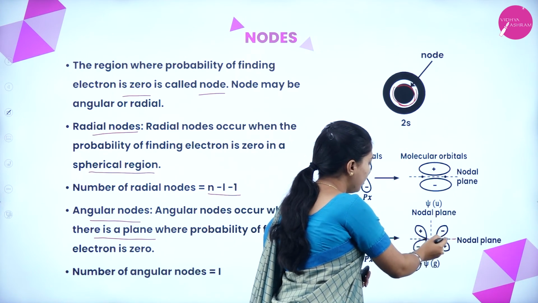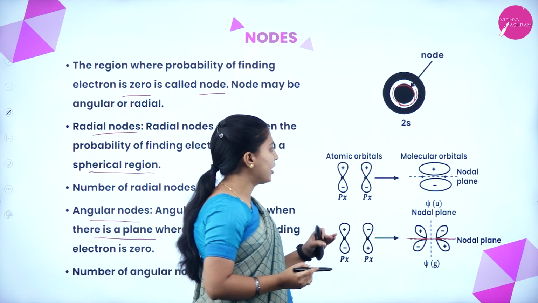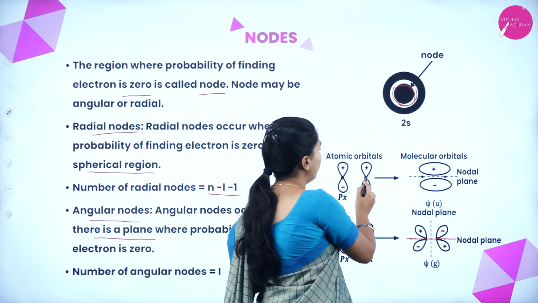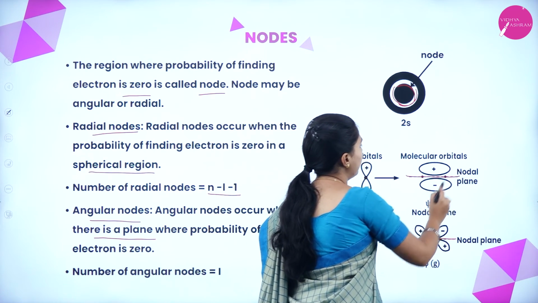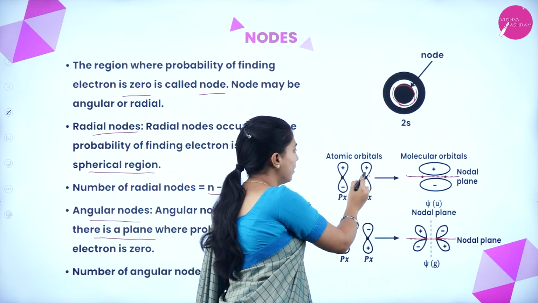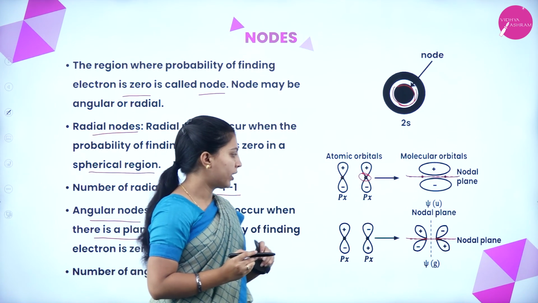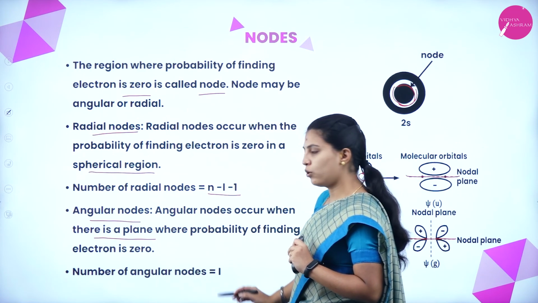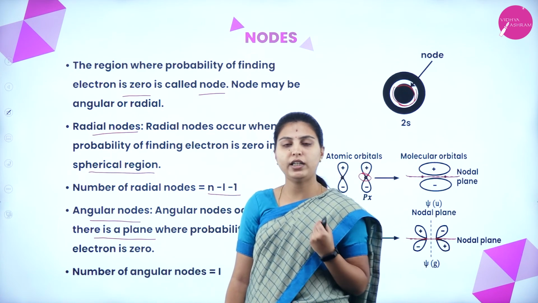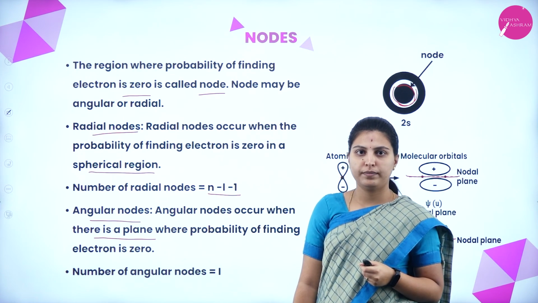See, this is a plane where the probability of finding an electron will be 0. If you pass a plane through these nodes, it is a nodal plane. At that point, the probability of finding an electron will be 0. The number of angular nodes will be L. If you find out L, it will be equivalent to the number of angular nodes.